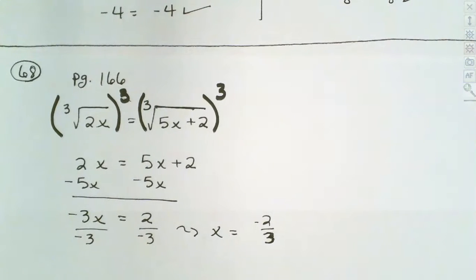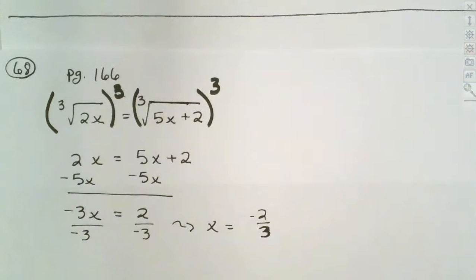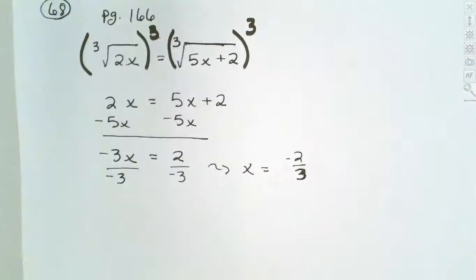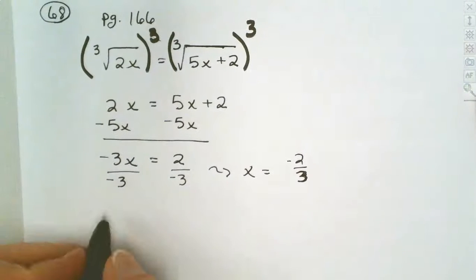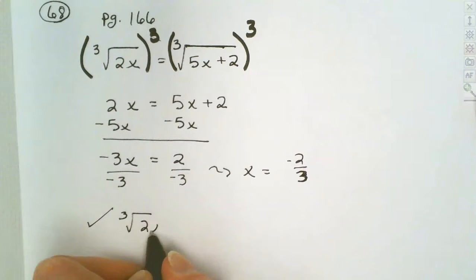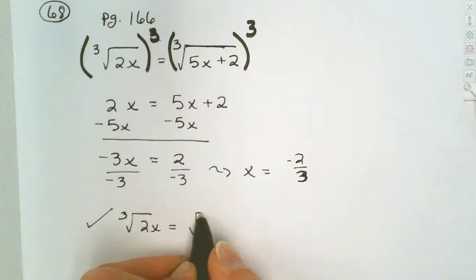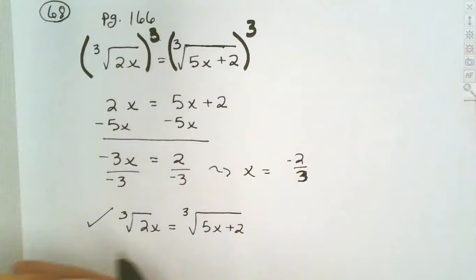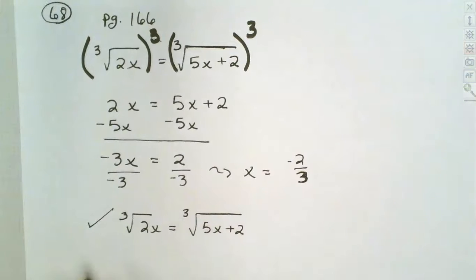We need to go ahead and check it. Always have to check these roots. So let's go ahead and check this and see if we get the same answer on both sides. All we have to do is check and make sure the sides match up. So we're going to check this in. The cube root of 2x equals the cube root of 5x plus 2. And if it's going to be easier, you can use the decimal equivalent. So x equals minus 2 thirds.